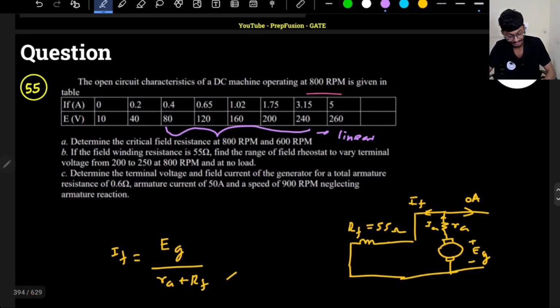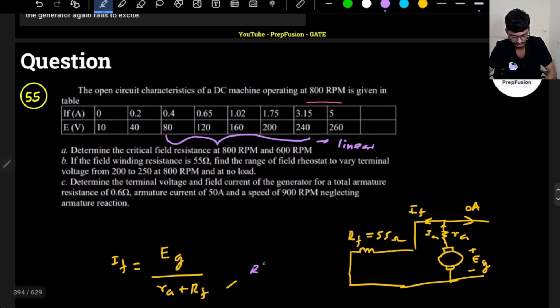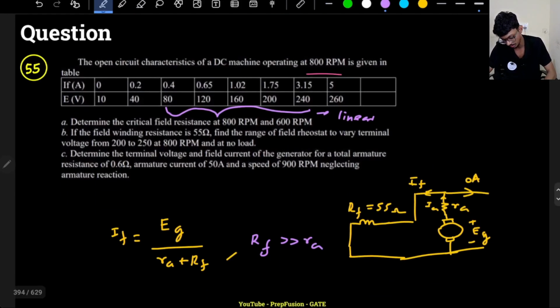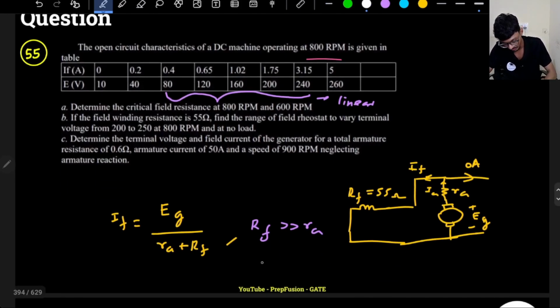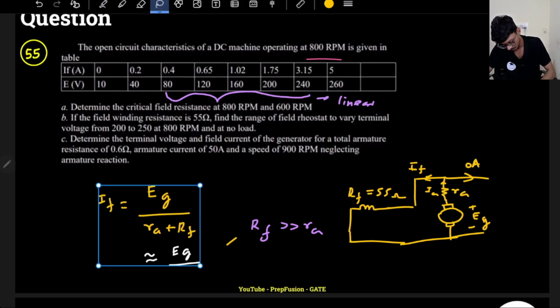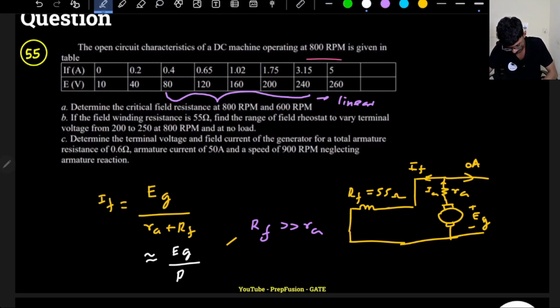Because RA is not given to me, and generally RA is very low compared to the field resistance, RF will be very large compared to small RA. So roughly I can write my field current to be equal to EG divided by capital RF.